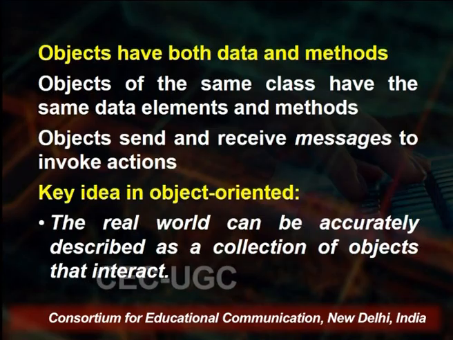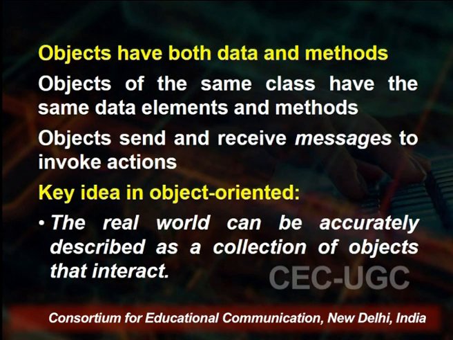But when we talk about the key idea in the object oriented programming paradigm, we can say that the real world can be accurately described as a collection of objects that interact either with each other or with the environment, and that is the key concept in the object oriented programming paradigm, which says that the whole code should revolve around the data, and this data will be represented in the form of objects.